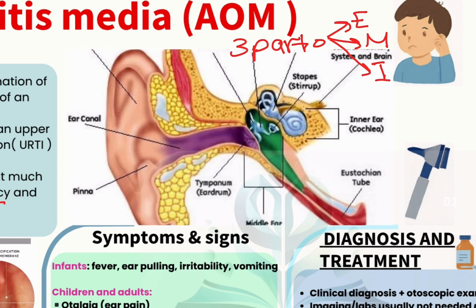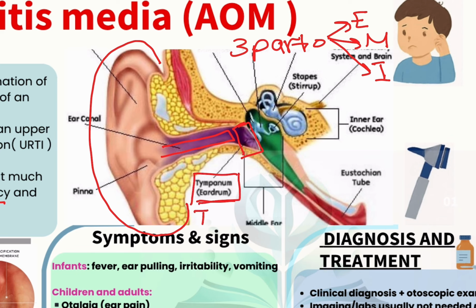The external ear involves the ear auricle and the external ear canal. At the medial end of the external ear canal, we have the eardrum, or the tympanic membrane.